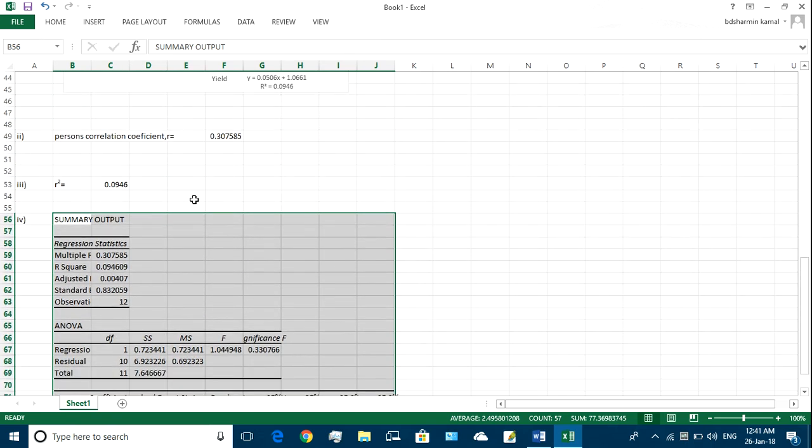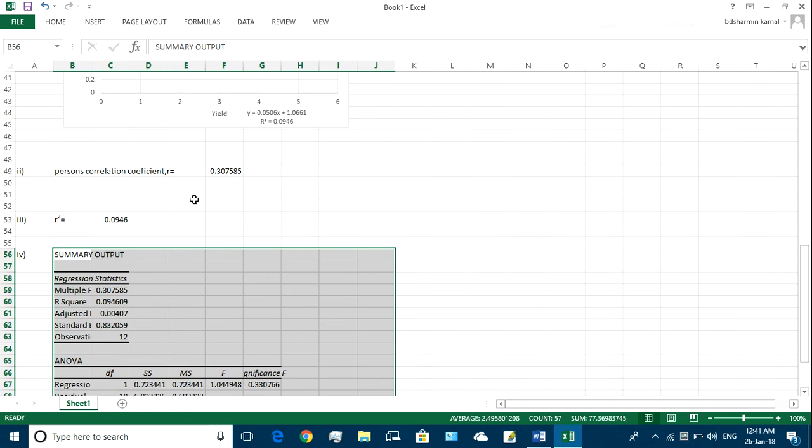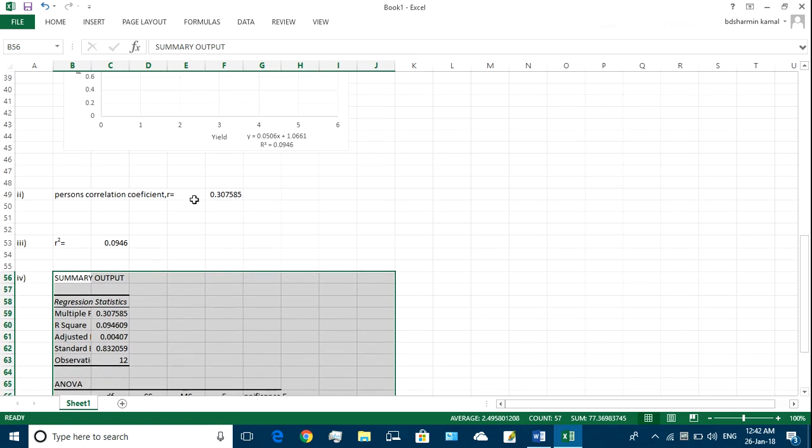Look, our r square value is 0.946, which is similar to the scatter diagram, and that multiple R 0.70, that is the correlation coefficient, which is similar to Pearson's correlation coefficient.